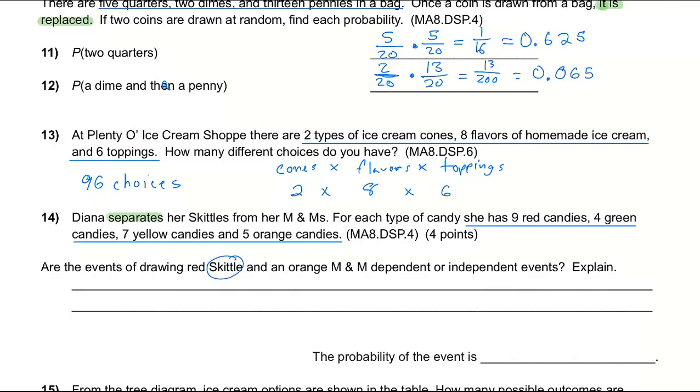So since we've got a Skittle and an M&M, these are going to be independent. And my reasoning for that is because the candies are in 2 different piles, or the candies are separated.